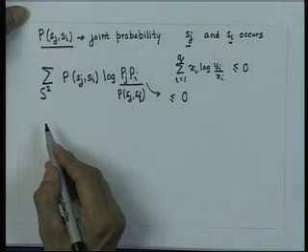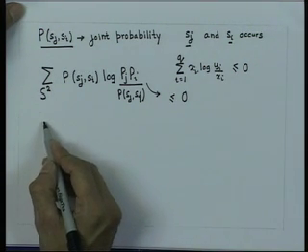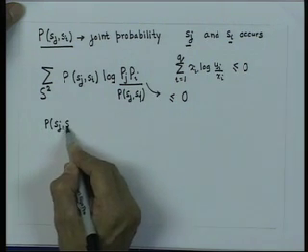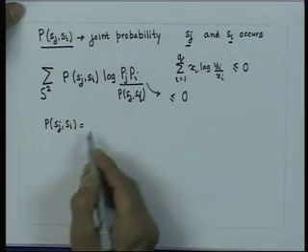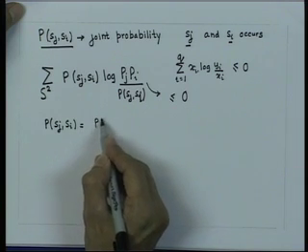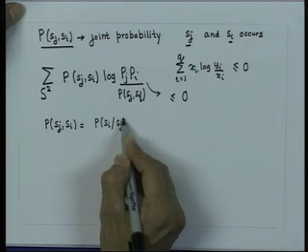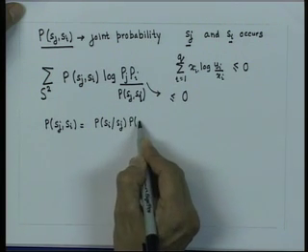Now, we also know from the Bayes rule that probability of Sj Si is equal to probability of Si given Sj multiplied by probability of Sj.